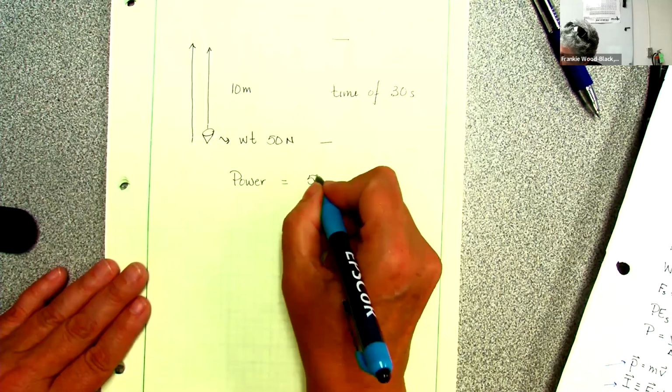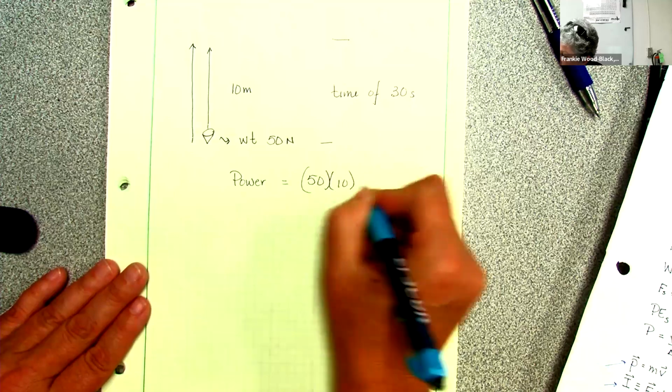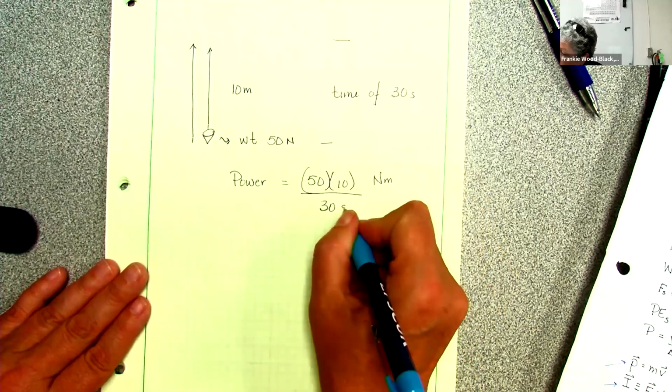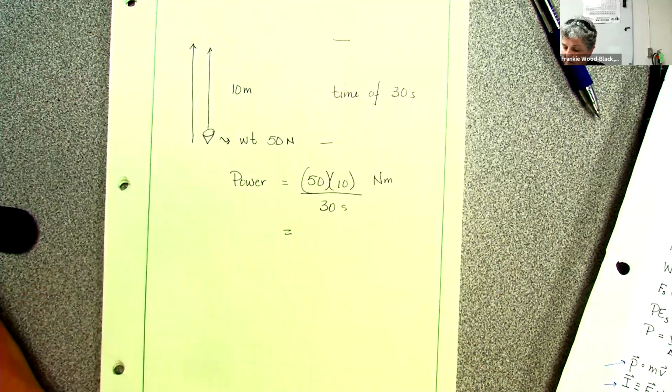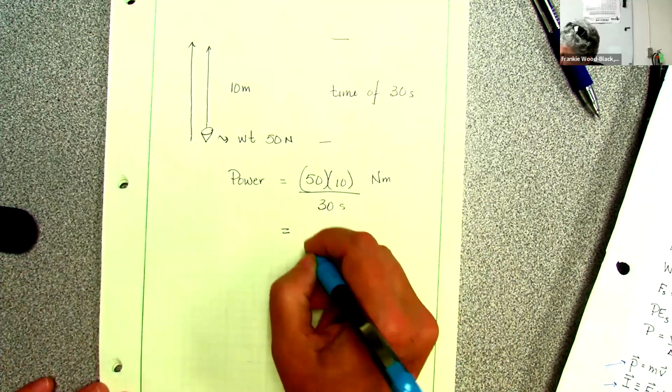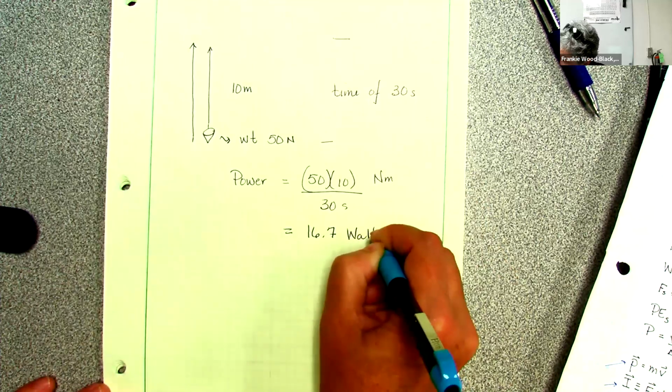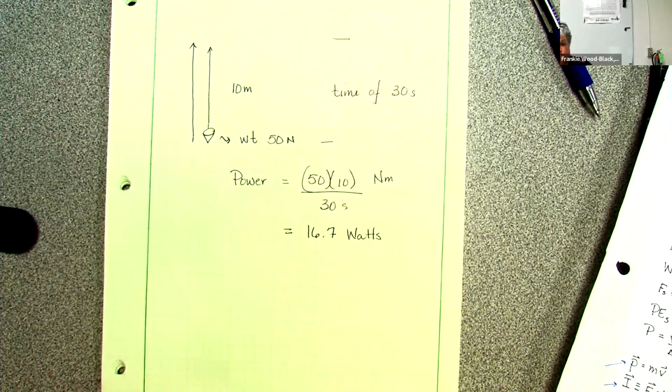I get my 50 times my 10, which gives me Newton meters, and I have 30 seconds. And that says that we have 6.7 watts. So power calculations are pretty straightforward, especially once we get those pieces together.